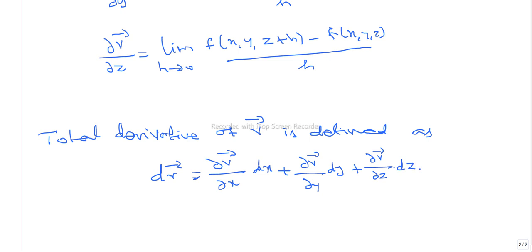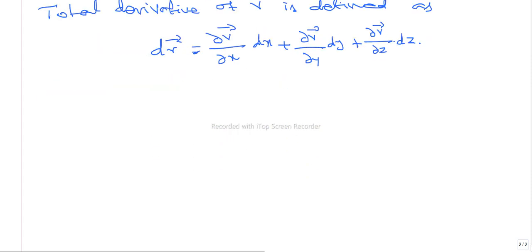So this is the total derivative of the vector valued function r. Now we discuss some examples and then we move to the next one.